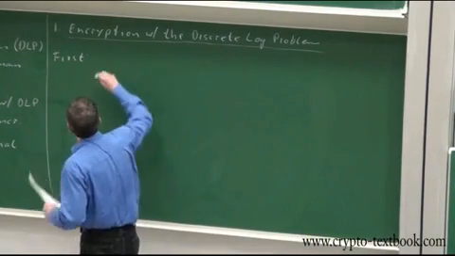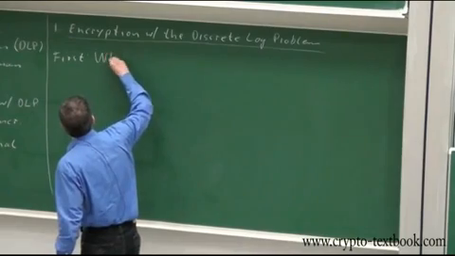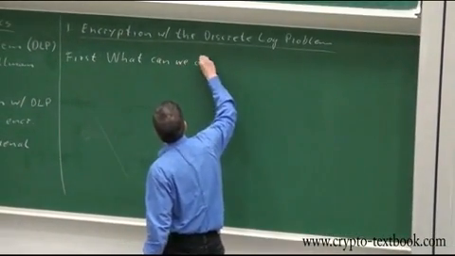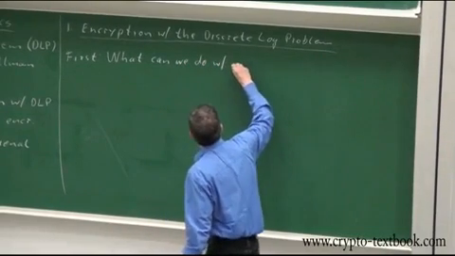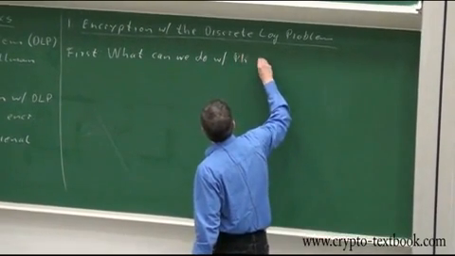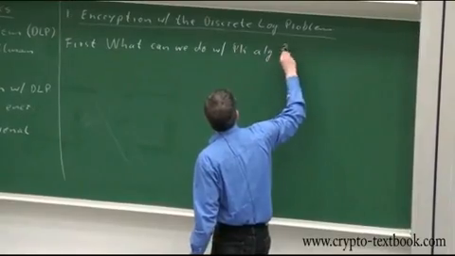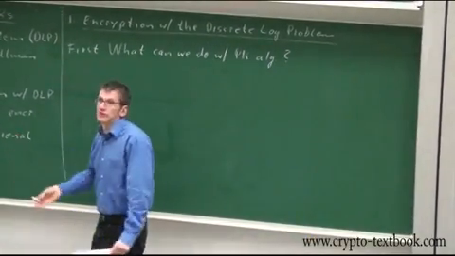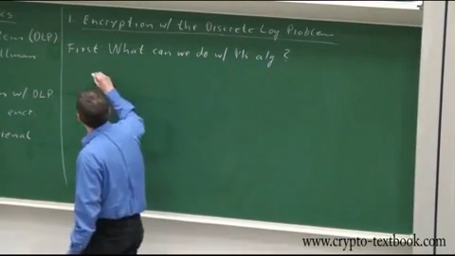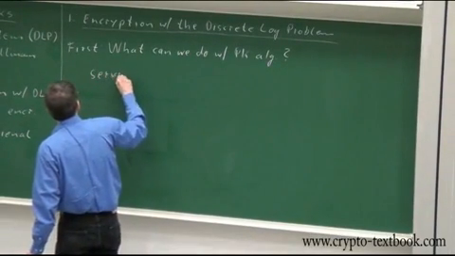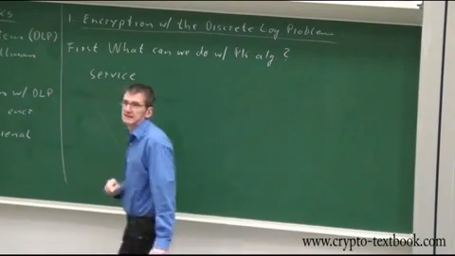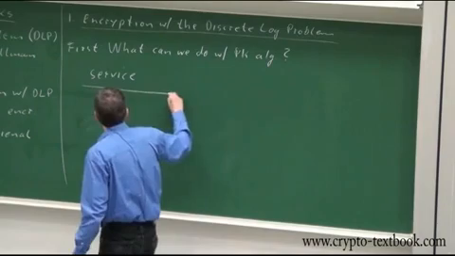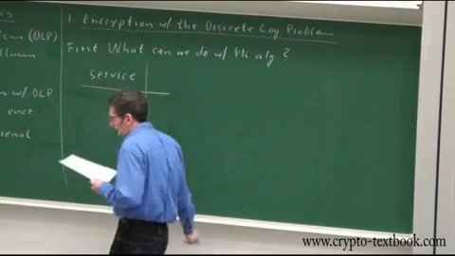So first, what can we do with public key algorithms? A really fancy term for that is a service, Sicherheitsdienst. And there are 3 main things you want to do with public key cryptography.